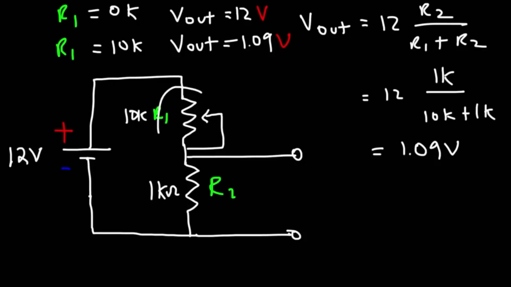Now the way we connected this potentiometer was different than what we did before. This time, instead of just using 2 of the 3 pins, we used all 3. So I want to talk about what happens when you see a potentiometer connected that way. I want you to understand what's happening here.